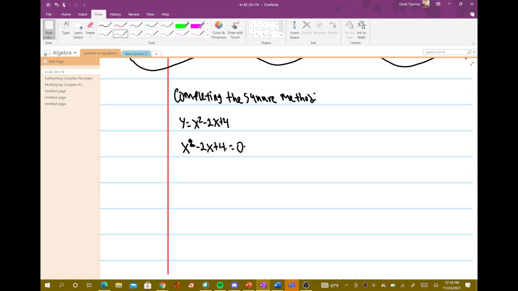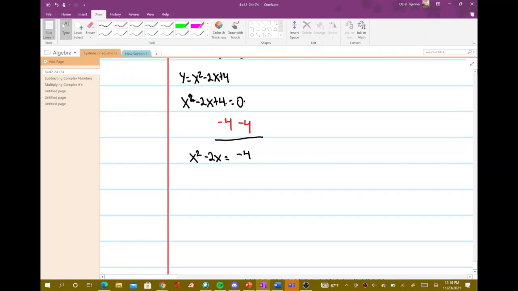And the first thing we're gonna do is subtract 4 on both sides, okay? So we have x squared minus 2x equals negative 4. Here's the thing, we need a third value called c, right? But if we add c to one side, we have to add it to the other side, so this is gonna be equal to negative 4 plus c.